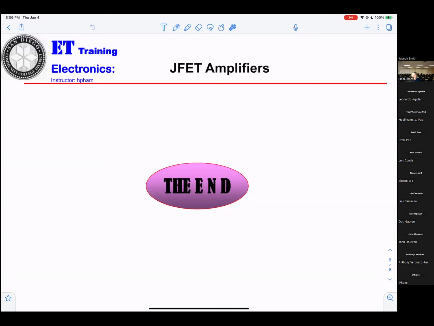After they finish Take one, then they can go to Tech Q. No one can sign up for Tech Q without Take one. You understand? I have run this program for over 35 years.